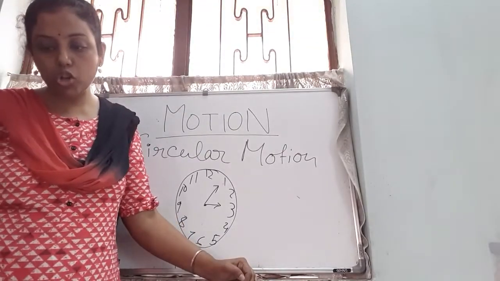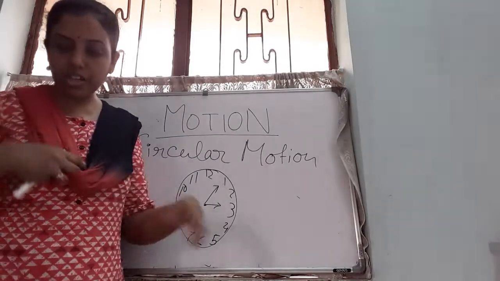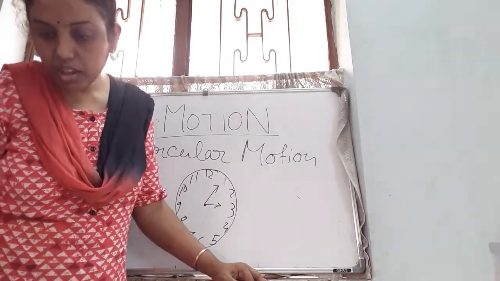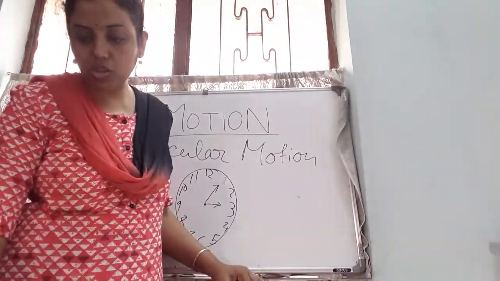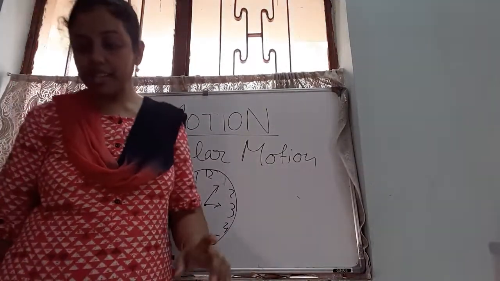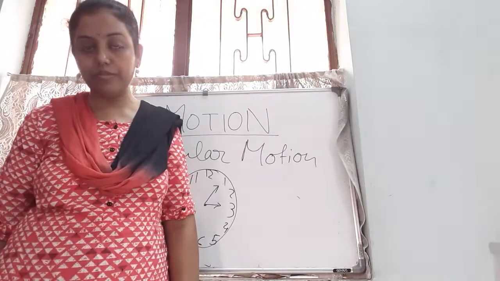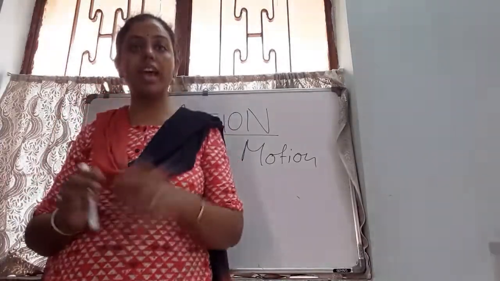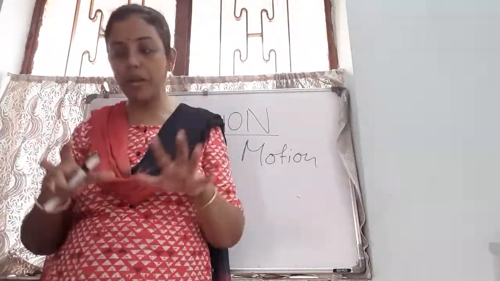In rotatory motion, the axis of rotation passes through a point in the body itself, whereas in circular motion the axis of revolution passes through a point outside the body. In the previous one, in rotatory motion, the axis is at the center and surrounding the axis the parts are moving.